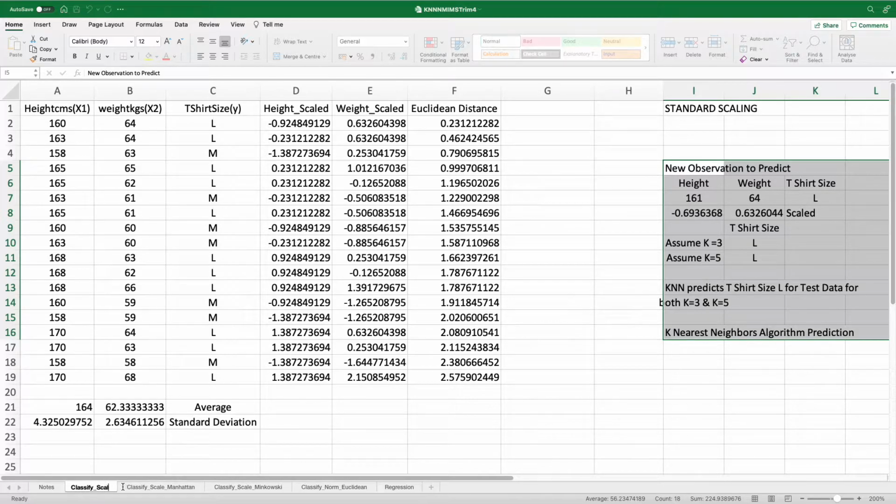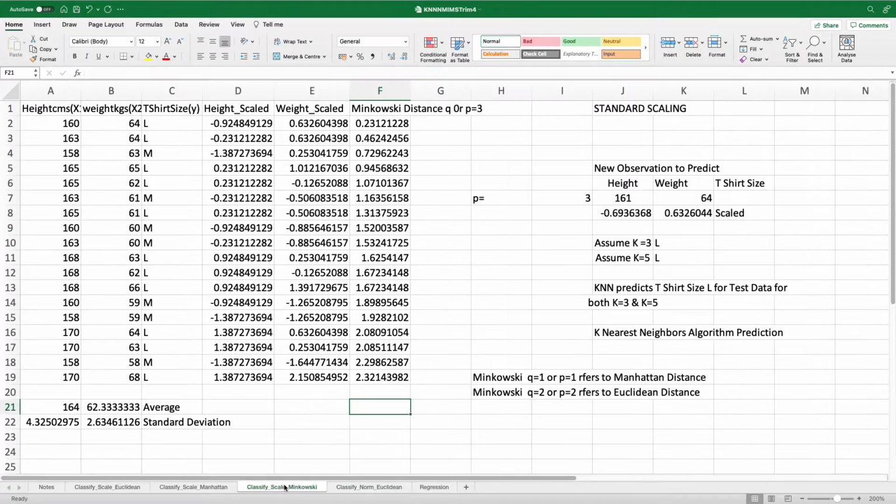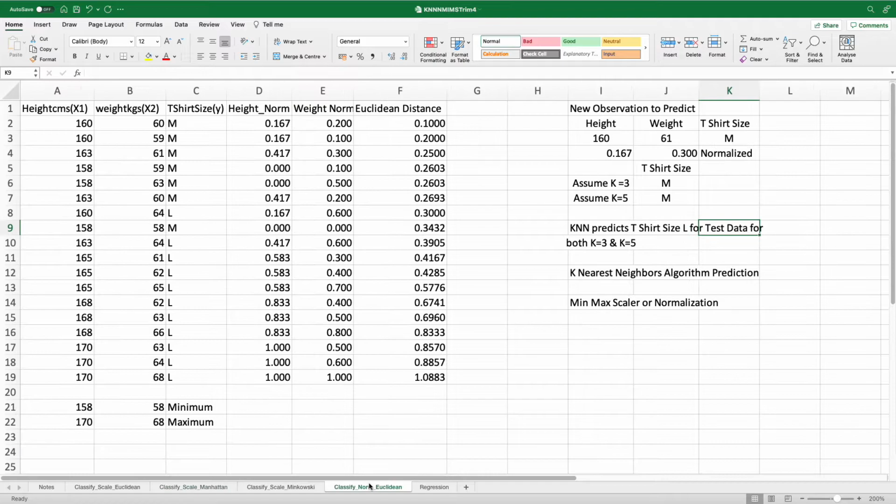Classify underscore scale underscore Euclidean. Okay, so Euclidean distance classification we have done. So we will also see the Minkowski and Manhattan, you are familiar with the process. Minkowski we will do, that will automatically clarify all your doubts.